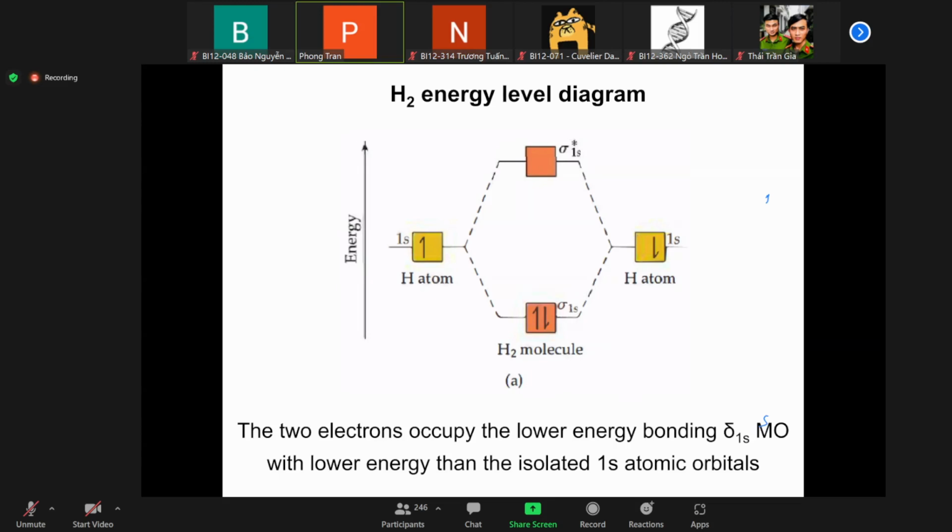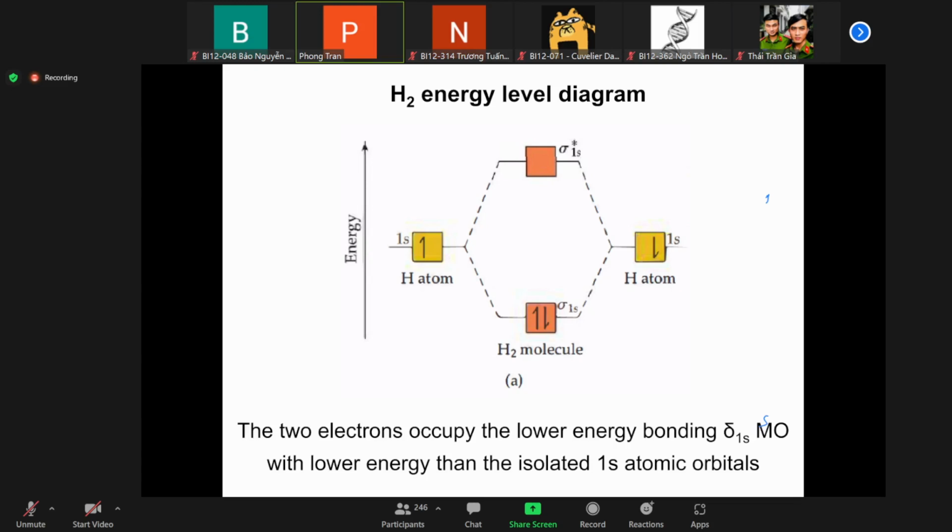So when the two orbitals combine and generate two molecular orbitals, if the electrons occupy the bonding orbital, they will have a lower energy. And if they occupy the anti-bonding orbital, they will have a higher energy.